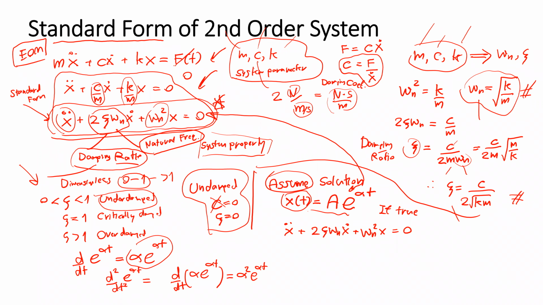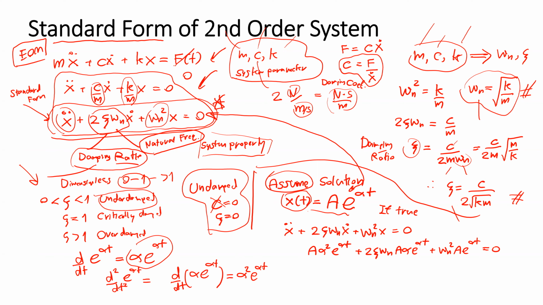If we assume the solution to be in this form, x double dot is A alpha squared e to the power alpha t, x dot is A alpha e to the power alpha t, and x is A e to the power alpha t, and the sum needs to equal 0.